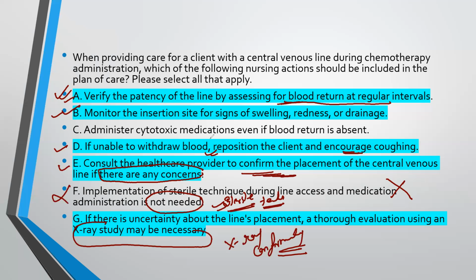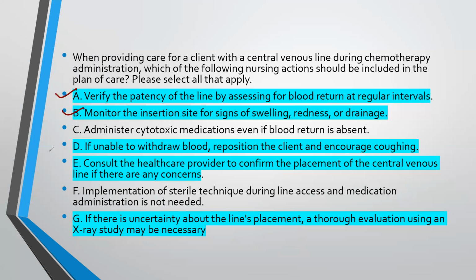And administering the cytotoxic medication if blood return is absent is always not the right answer. When the blood is not returning, we have to reposition the client and encourage coughing, and we cannot administer the cytotoxic medication if blood is not returning from that CVP line. So the right options are A, B, D, E, and G.